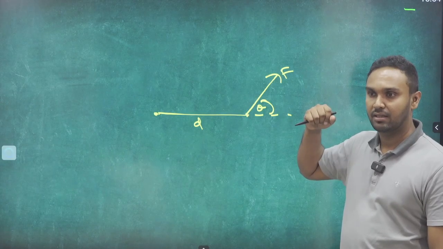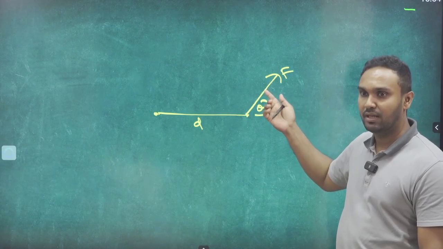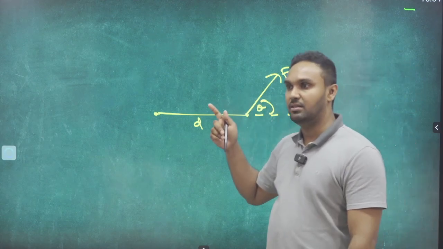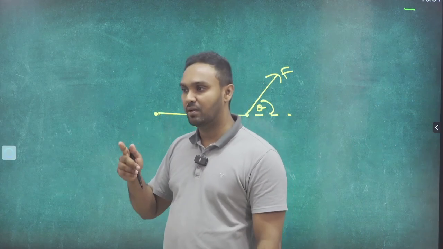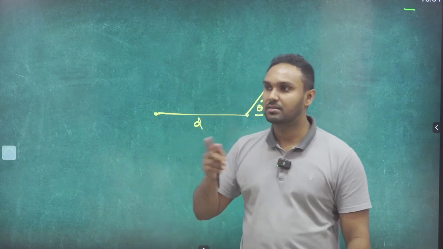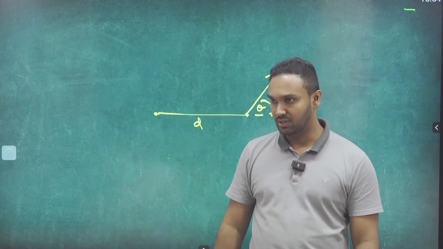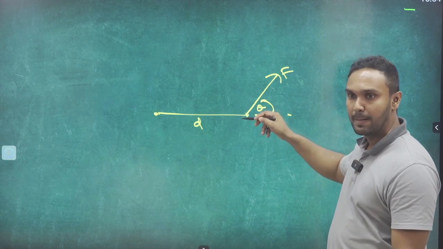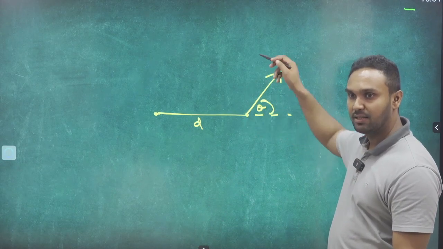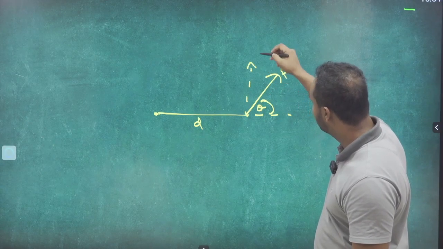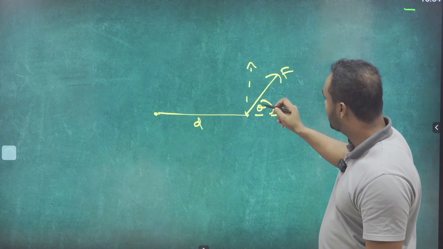Do you get it? Because the force now here is acting in an angle, so for the rotation it has to be perpendicular to each other, right? So only the perpendicular force creates the rotational motion. So there's a component of this one acting perpendicular to the distance, right? Which we can take as a component.